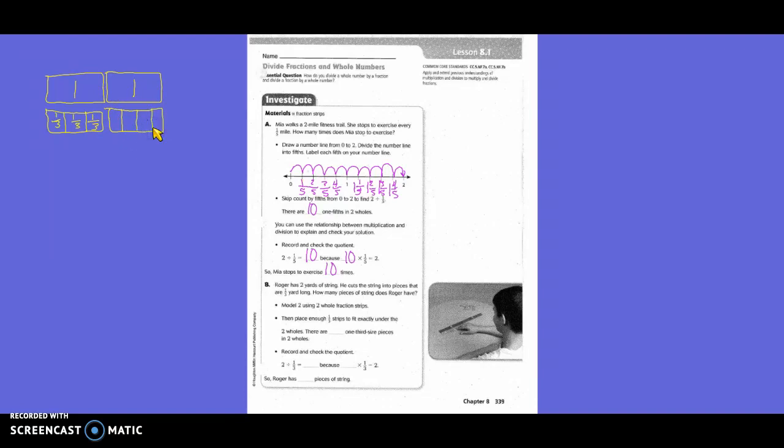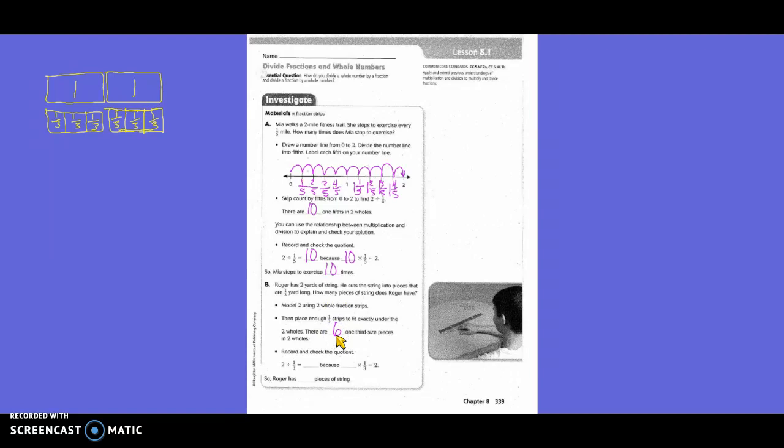Oh, and I messed up my drawing. So 1/3, 1/3, 1/3. So how many of those 1/3 pieces did it take to make up 2 wholes? 6. So there are 6 pieces of size 1/3 in 2 wholes.